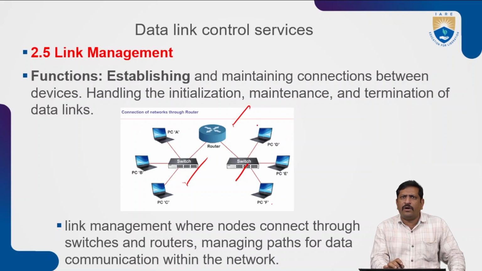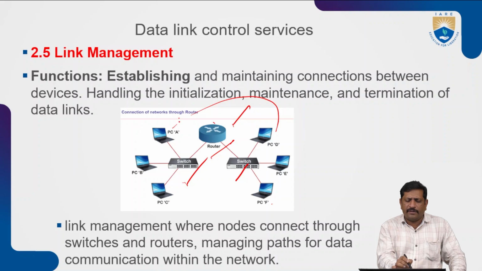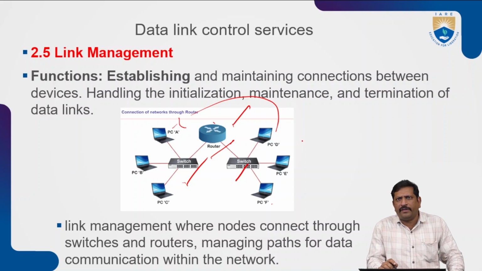For all PCs the link, the connection, can be established from one device to another device with the help of the routers. By using the routers, a link can be established from PCA to PCB, and data can be transferred from PCA to PCB. The connection in the network can be done through the router, or through the switches.